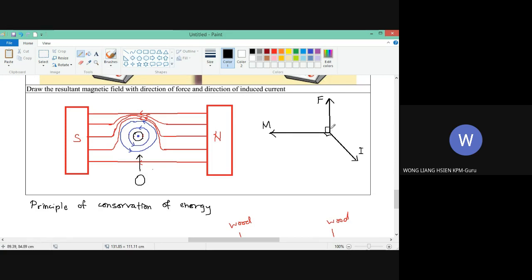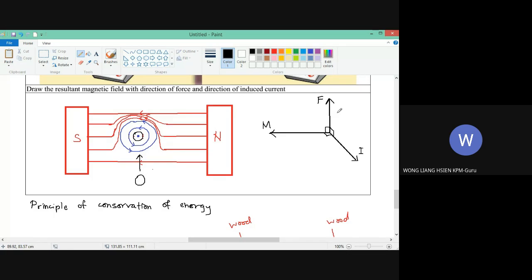This is the direction where we push the wire in. So you see that all these three are perpendicular to each other. Direction of the force is perpendicular with direction of the magnetic field. Direction of magnetic field is perpendicular with the direction of current. Direction of the current is perpendicular with the direction of the force.